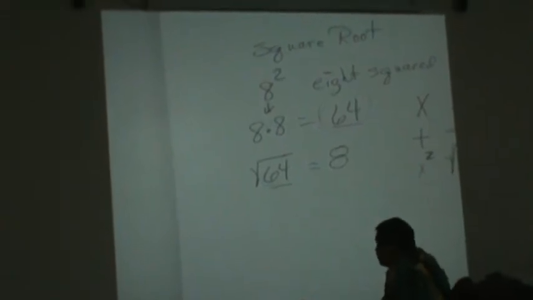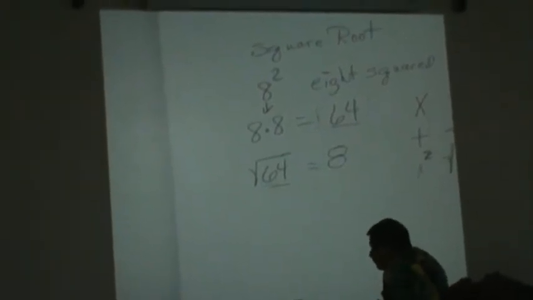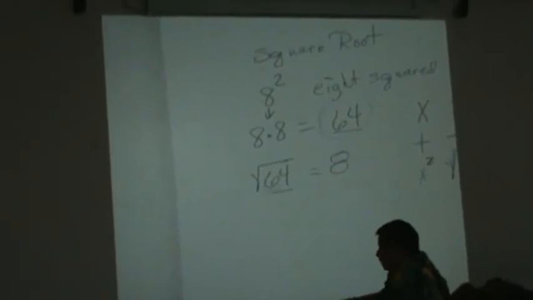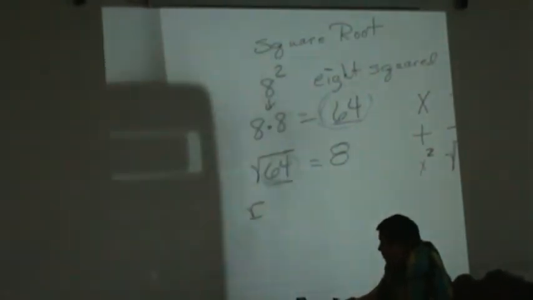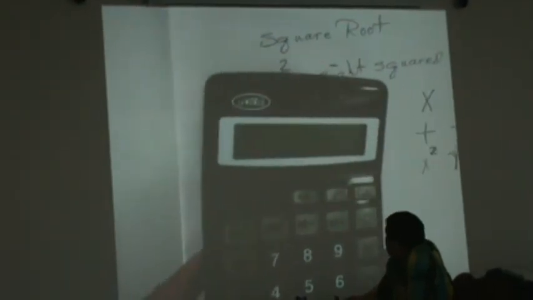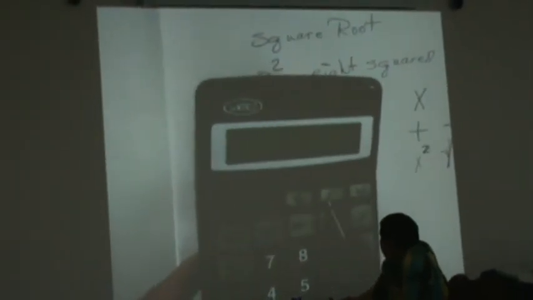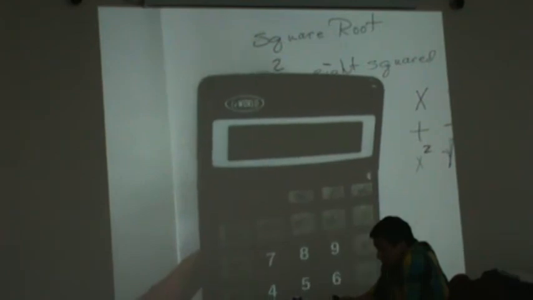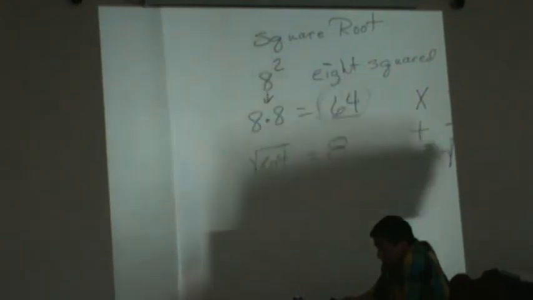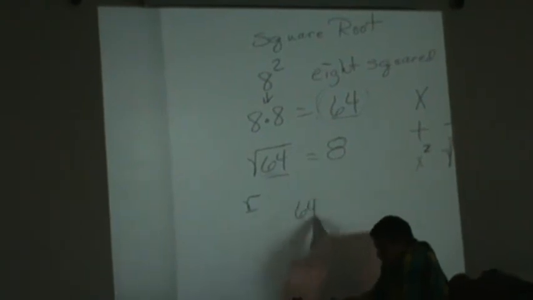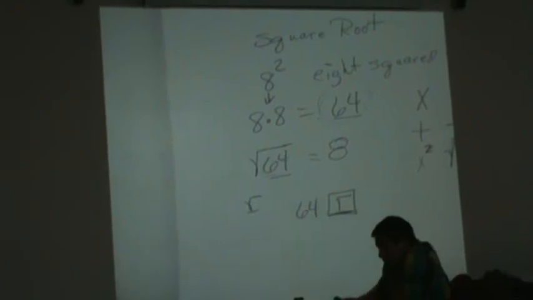And on your calculator, I don't think anybody can find a cheap enough calculator that does not have a square root symbol on it. This one is pretty cheap, but let me see if I can get the light where it even shows it. See that square root symbol? It has one on it. Okay? Some calculators, you hit the number, you would hit the 64 and then hit the square root and it'll give it to you.